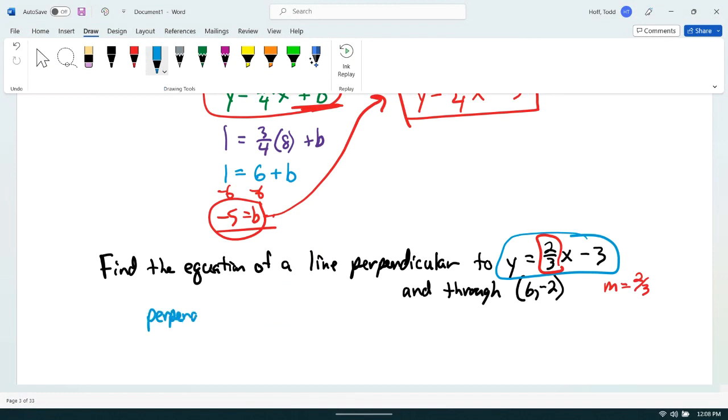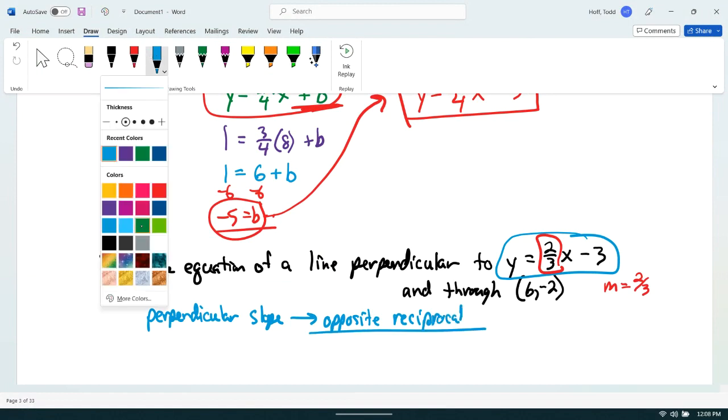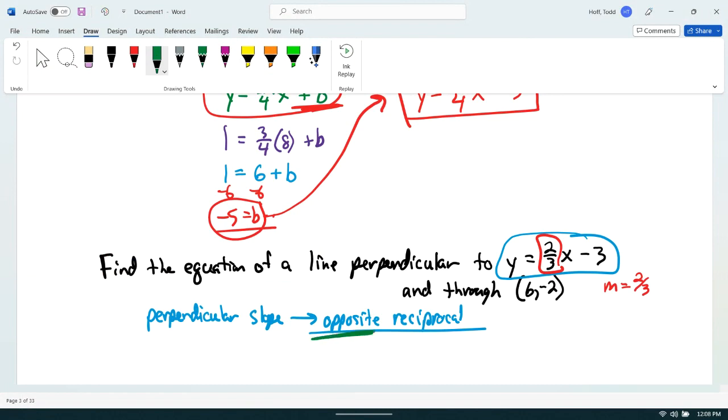Now remember, the perpendicular slope is going to be the opposite reciprocal. So first, opposite. That means if this is positive, it's going to become negative. If it was negative, it would become positive.